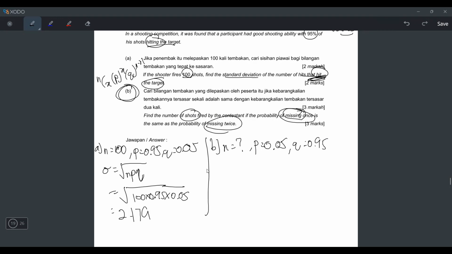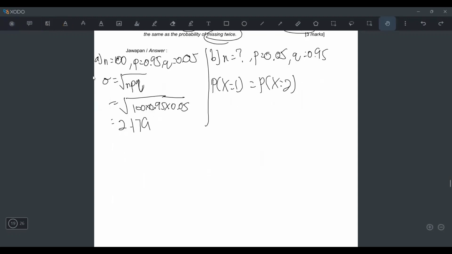Now they say probability of missing once means P(X=1) is equal to probability of missing twice, so P(X=2). So that's how you do it.